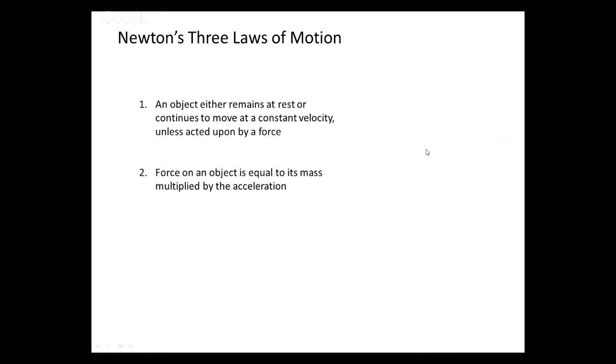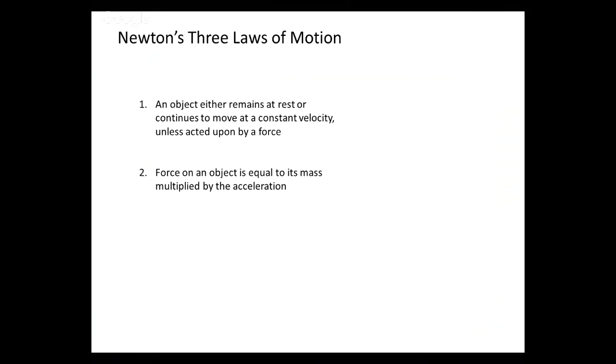The second law states that the force, the force that was described in the first law, is equal to mass times acceleration. Even though these are somewhat simple, this one tends to be a little more theoretical and tough to explain simply.